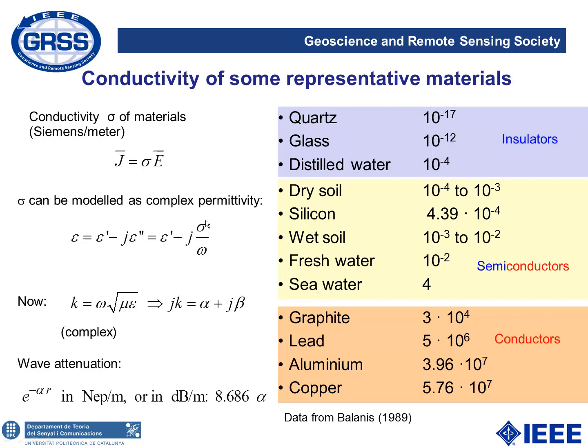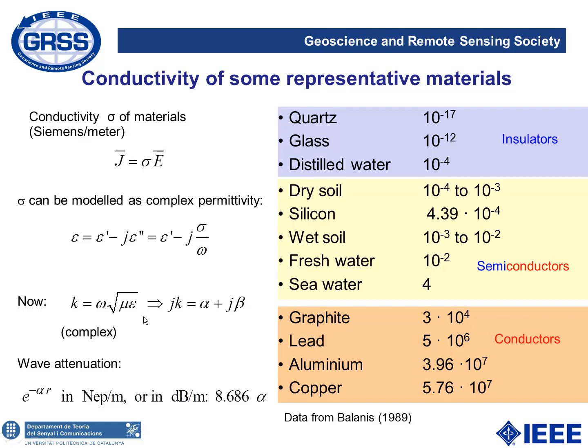So, for example, this imaginary part now includes a conductivity term, and this models in a very elegant way the losses of materials. Now, when this happens, the wave number becomes also complex.